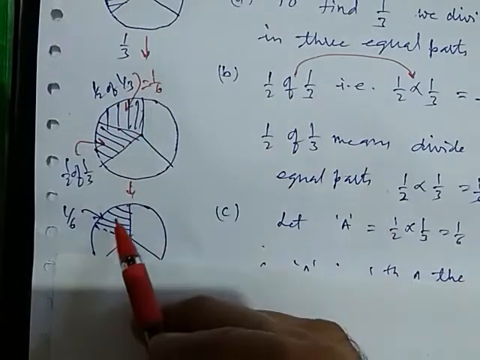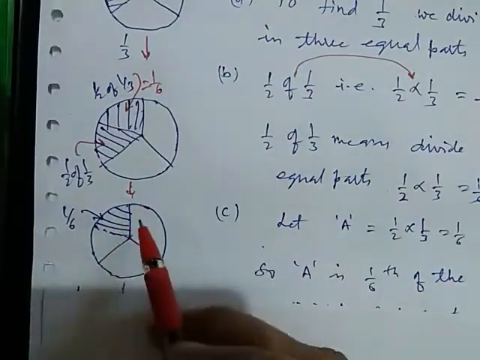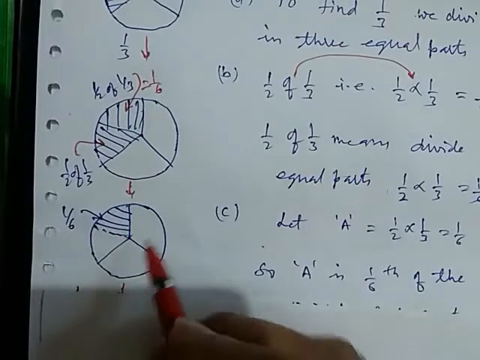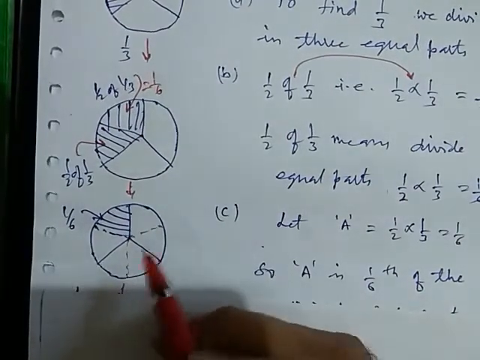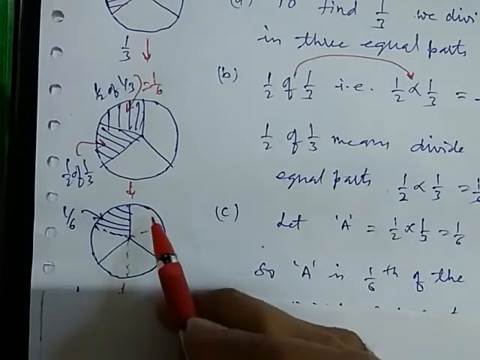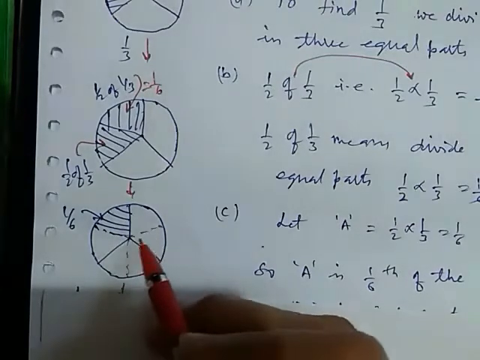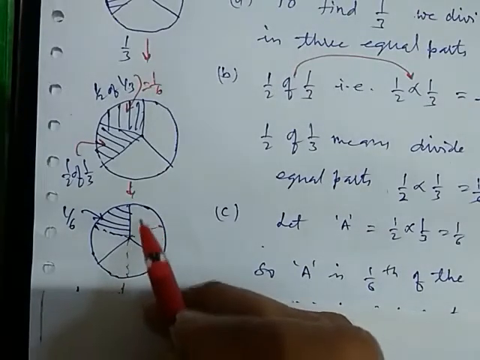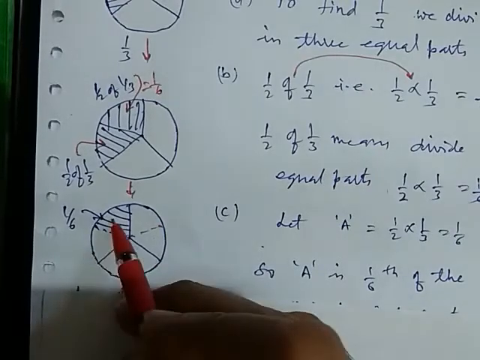The single part is only 1 by 6 of the whole. How is this 1 by 6 of the whole? This part alone is 1 by 3. When we divide it into parts, each single part becomes 1 by 6.